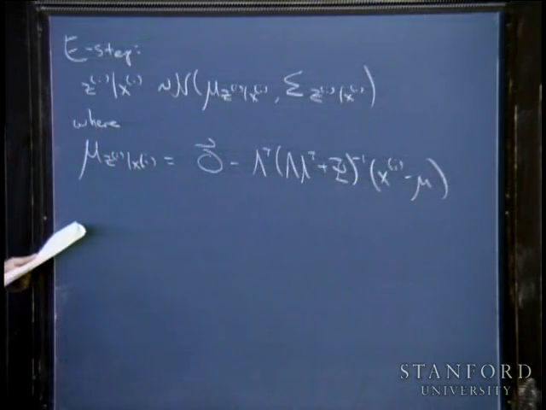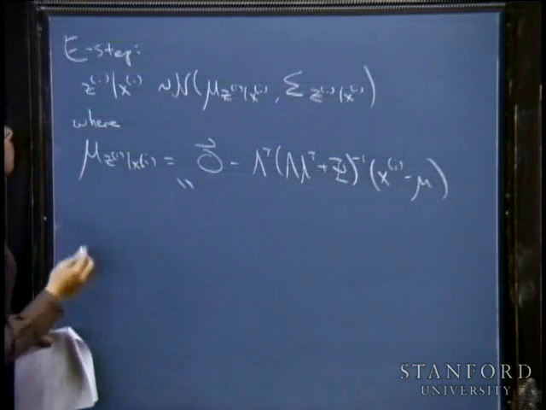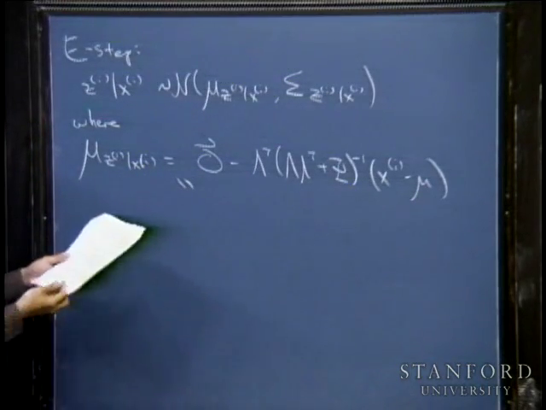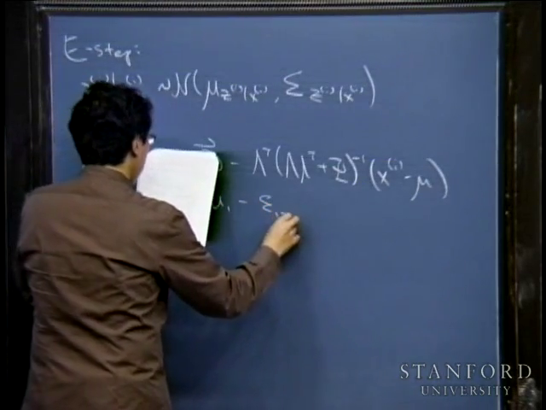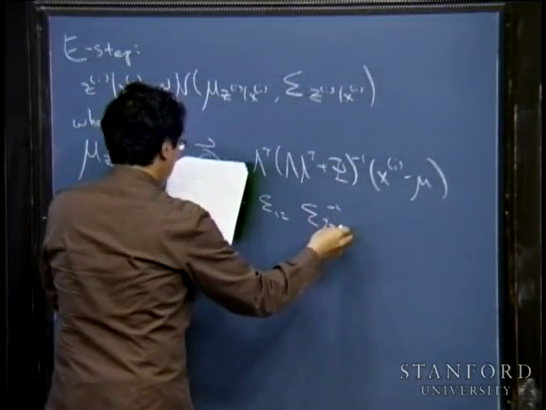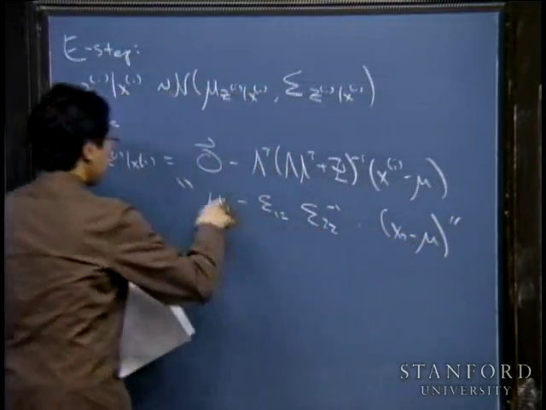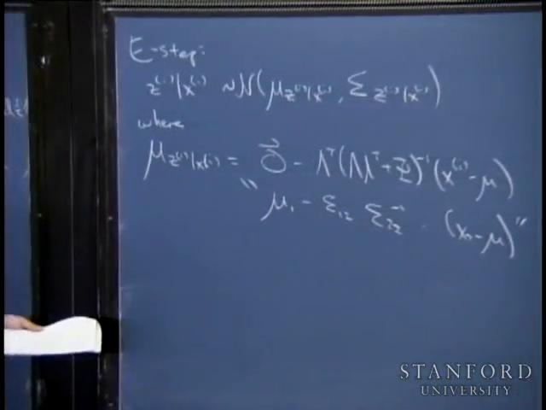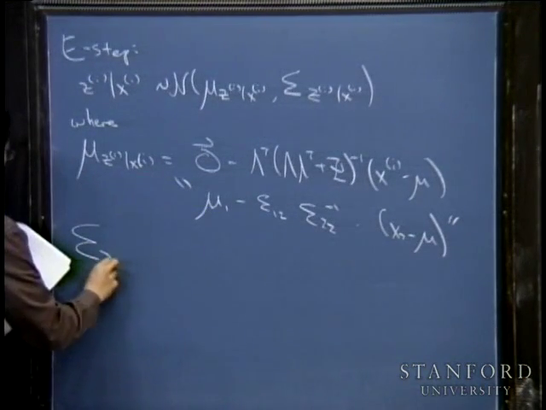And the way I got this formula was, if you match this to the formula I had previously for computing conditional distributions of Gaussians, this corresponded to the terms mu1 minus sigma1 2 sigma2 2 inverse times x2 minus mu. Okay, so those are the terms corresponding to the formula I had previously.